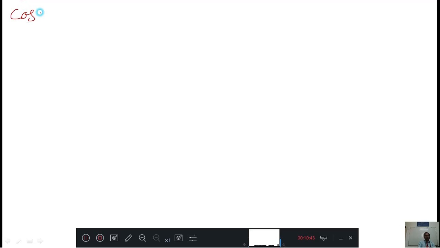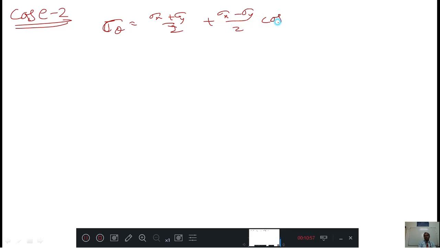Case 2 is your biaxial. Then sigma theta will be sigma x plus sigma y by 2 plus sigma x minus sigma y by 2 cos 2 theta. Then tau theta will be equal to sigma x minus sigma y by 2 sin 2 theta.